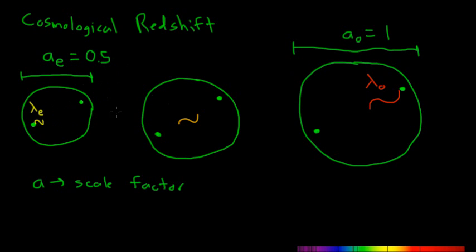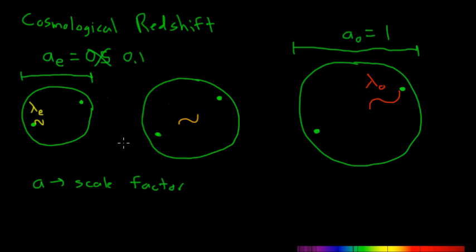And that means that during this time, the universe effectively doubled in size due to expansion. Or if I said that instead of 0.5, let's say the scale factor of the universe was 0.1, then the size of the universe would have increased by a factor of 10, because 0.1 goes into 1 10 times. So we have this idea of a scale factor.